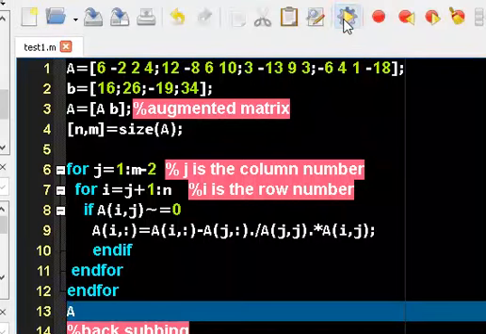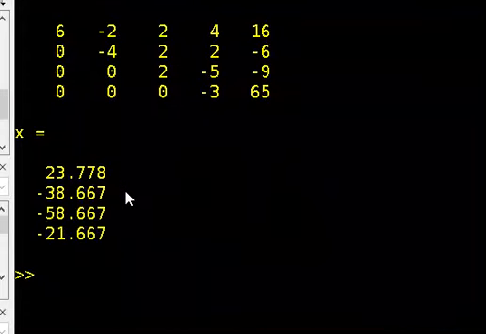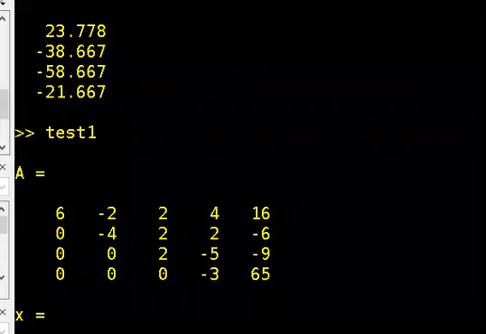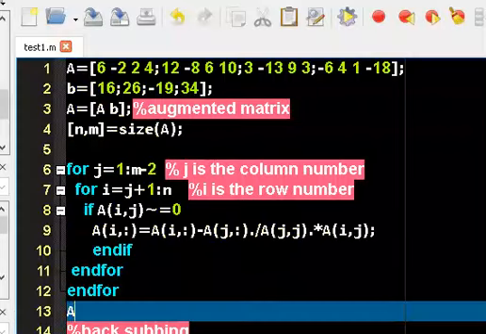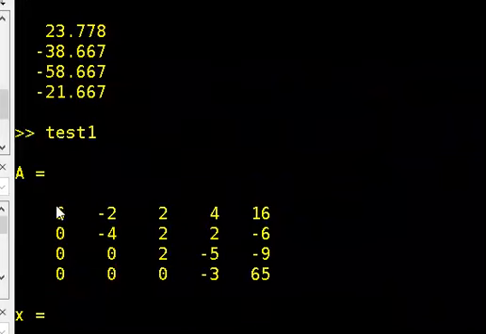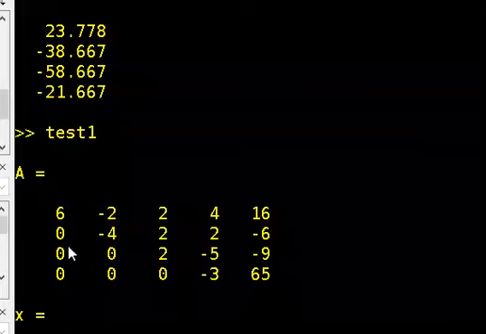When I compile this, if you go to the command prompt, my file name is test1, and my A becomes an upper triangular matrix like this. Here this is the main diagonal.